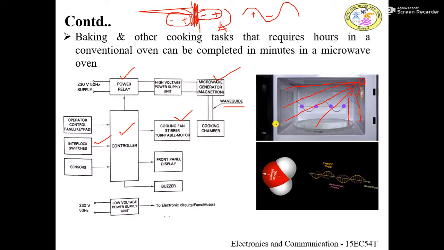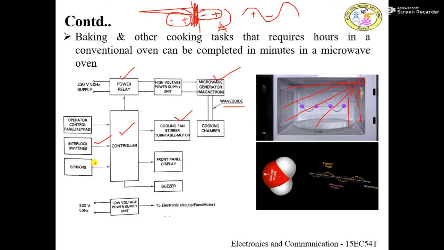Those can have adverse effects on human beings whenever they are exposed, or they can cause skin cancer as well. So these interlock switches prevent the microwaves from escaping the cooking chamber whenever the door is open.